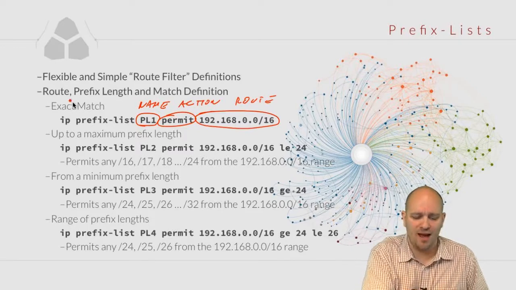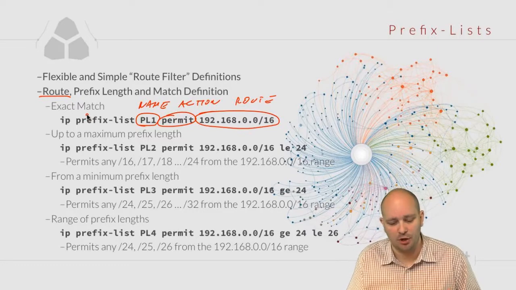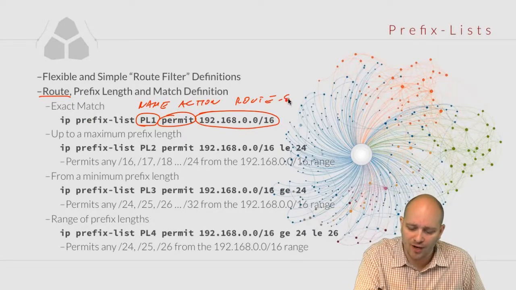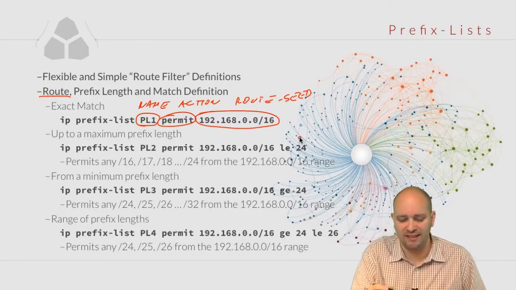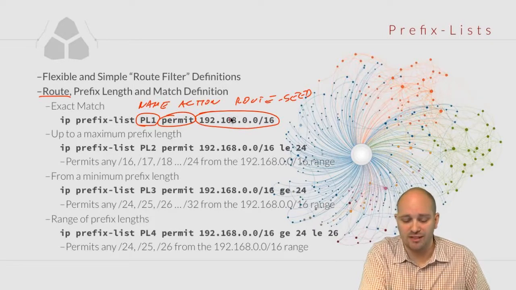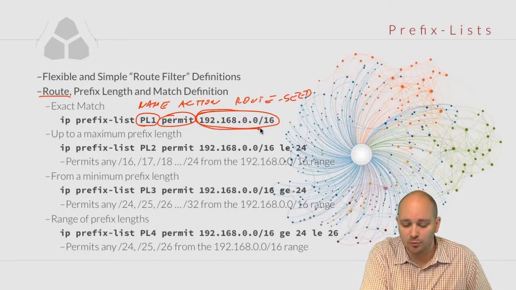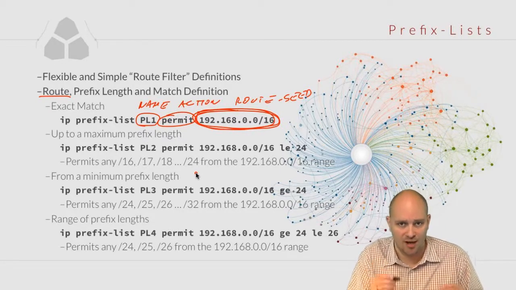What I mean by route definition, and what I meant when I was talking about this part here, is more like a route seed definition. Now, what do I mean by route seed? This simply means whatever I'm doing about this route, the routes that are going to be matched against this particular rule need to come from this range of routes.